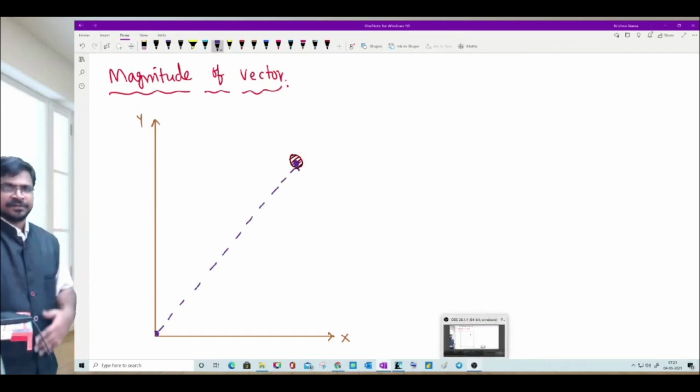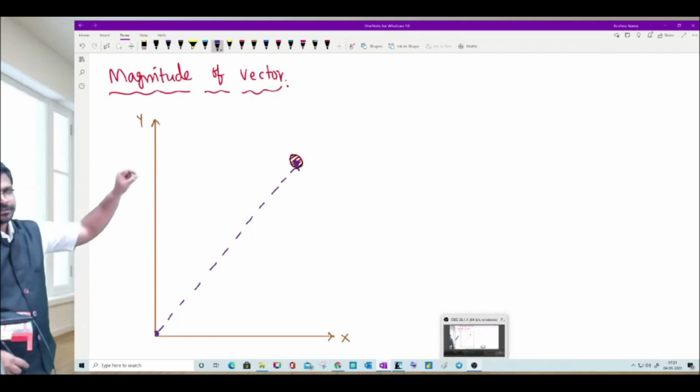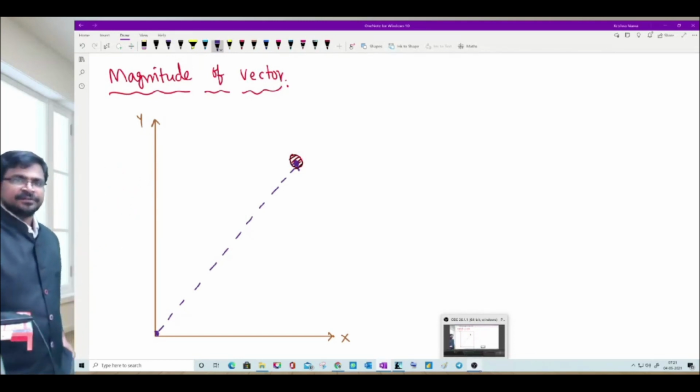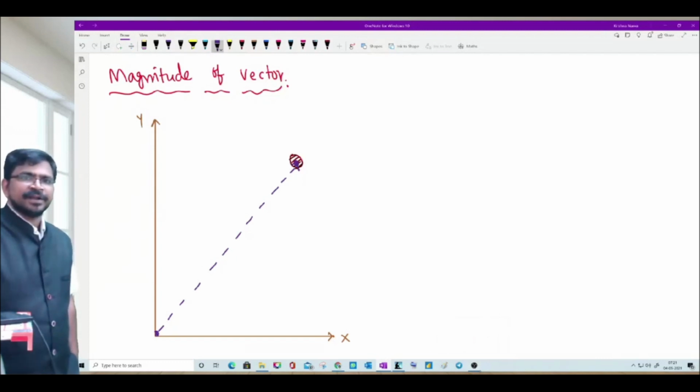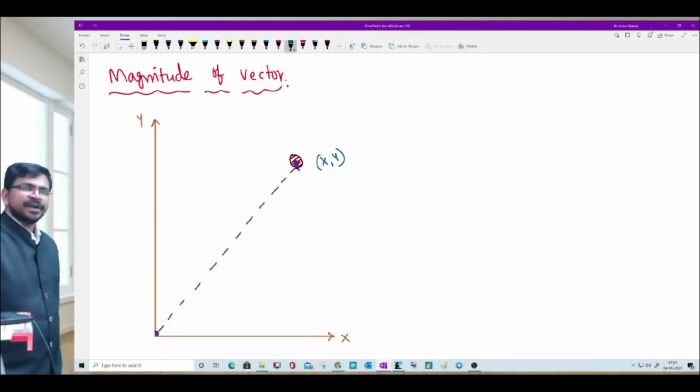The length of the vector from the origin to the head. We know that this point is x comma y. Let us draw a perpendicular line from the final point, the head point, onto the axis.